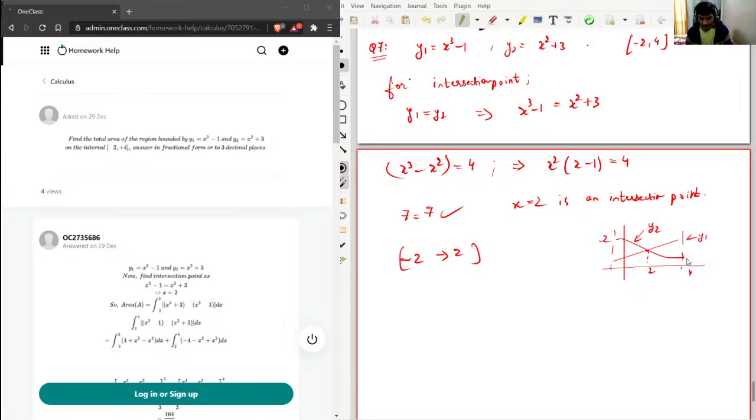For the case of +2 to +4, y1 will be on the upper side and y2 will come on the lower side. So for -2 to 2, area will be y2 minus y1 dx plus, and from 2 to 4, area will be y1 minus y2 dx, obviously.